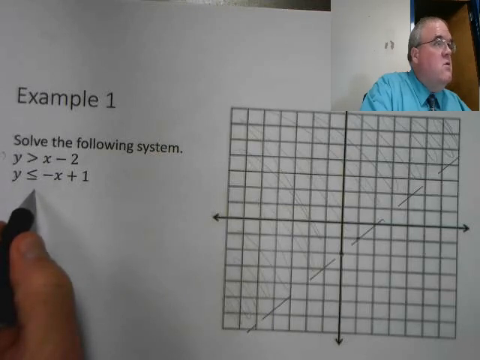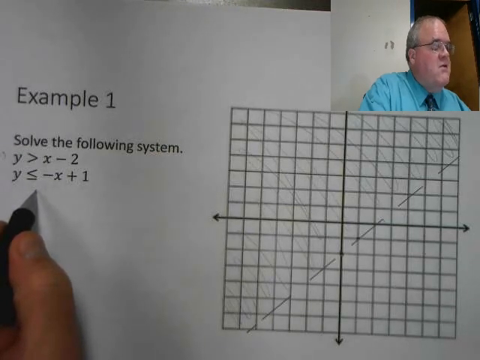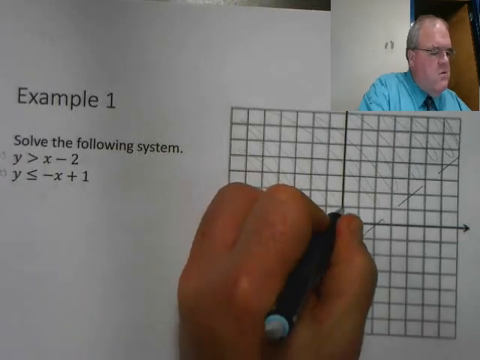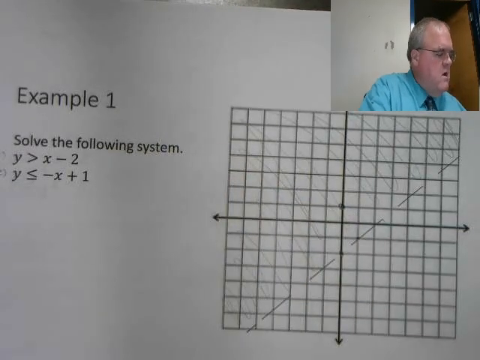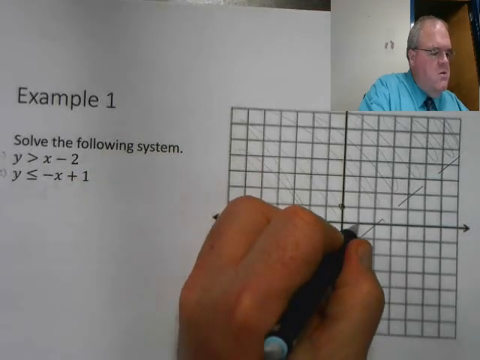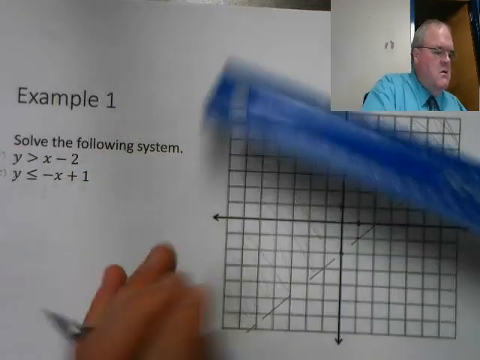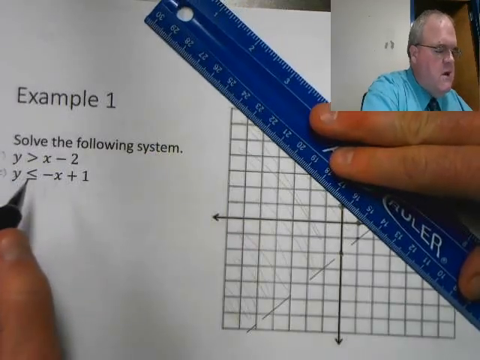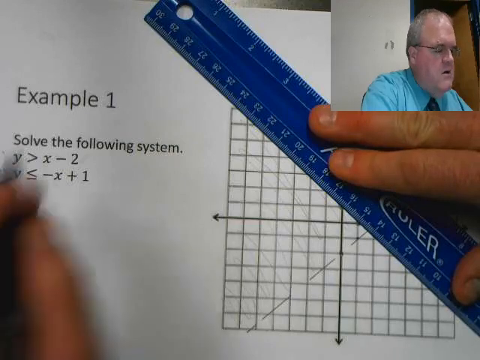Now I'm going to graph my second equation, and I start at y equals 1, and I have a slope of negative 1, so I'm going to go down 1, right 1, and this is equal to, so it gets a solid line.